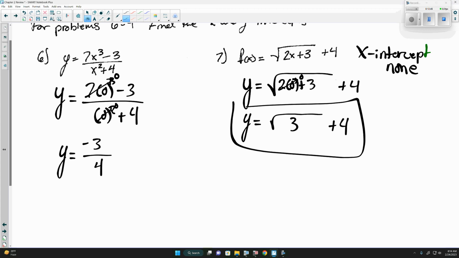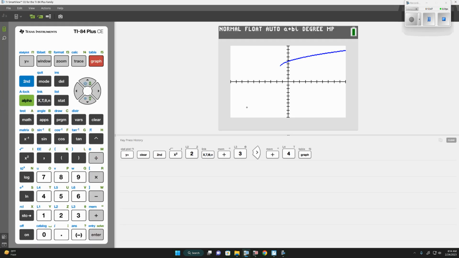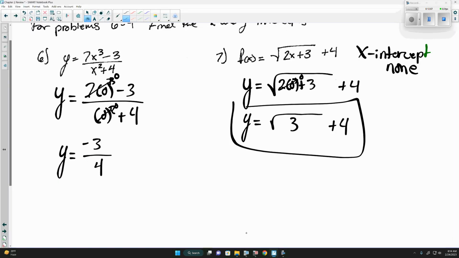And a good way to check that is, again, graphing it. Because here we see it's going up, so it's never going to cross the x-axis. Any questions on this here? Go good with these here?